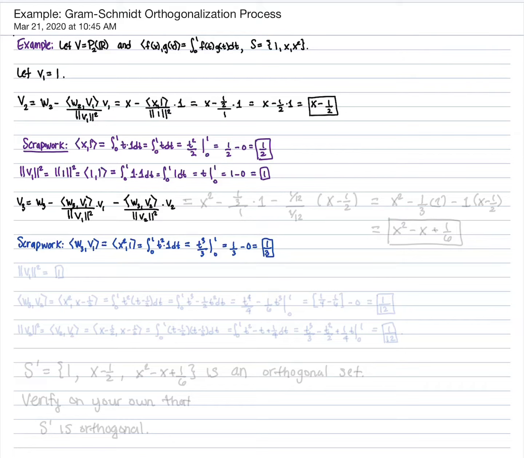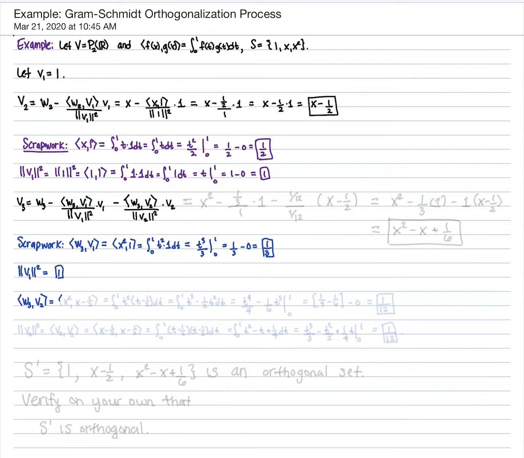All right, next we need to find the length of V1 squared, which we've already done in the previous step, so that's 1. We want to find the inner product of W3 with V2.